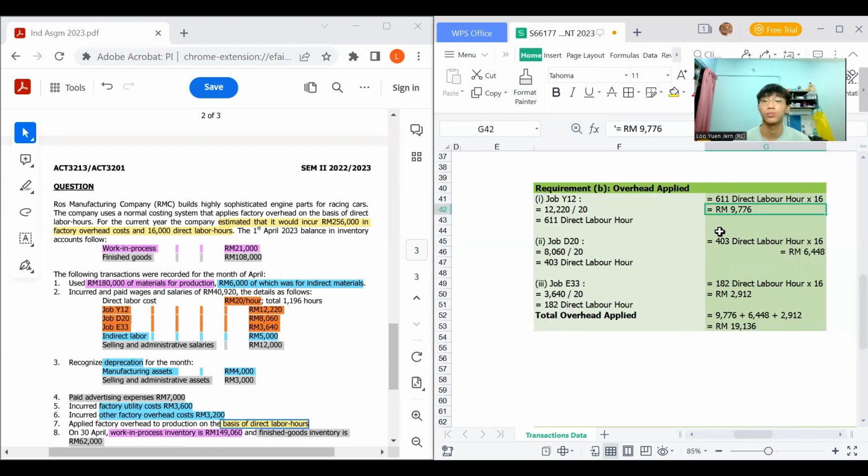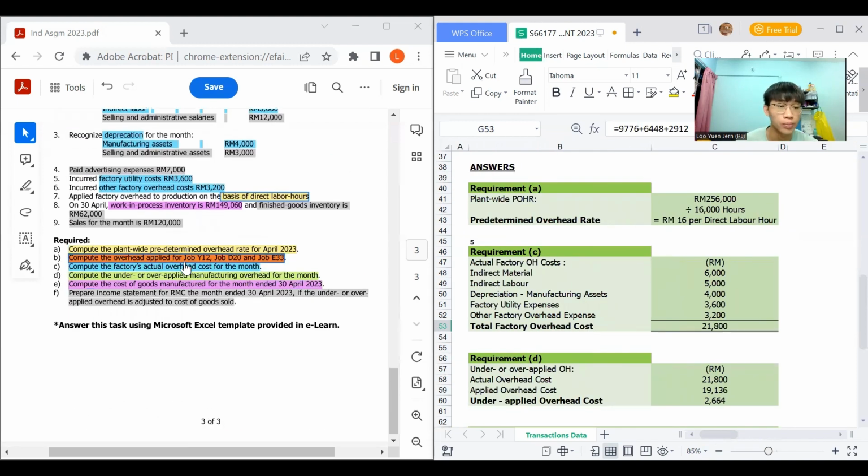For job Y12, the answer is 9,776 ringgit Malaysia, for job D20 it is 6,448, and for job E33 it is 2,912. So the total overhead applied is 90,136.